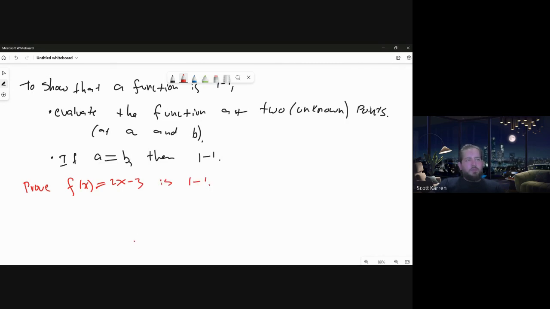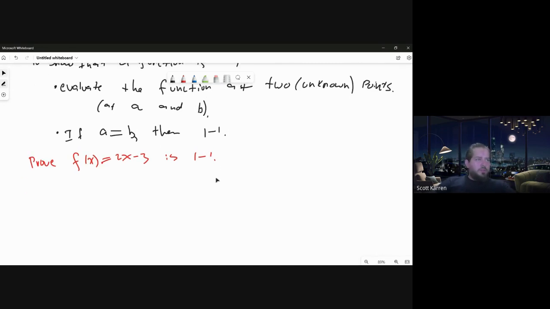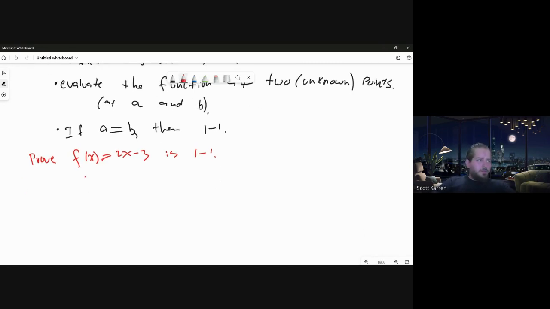Right? So I'm going to evaluate this at 2 points. I'm going to take f of a. Again, they're just two random unknown points. You can't just say, well, let's do it at 1 and 2 or 3 or 4 or whatnot, because there are some where it just happens to be the same at those 2 points. You have to show it everywhere.